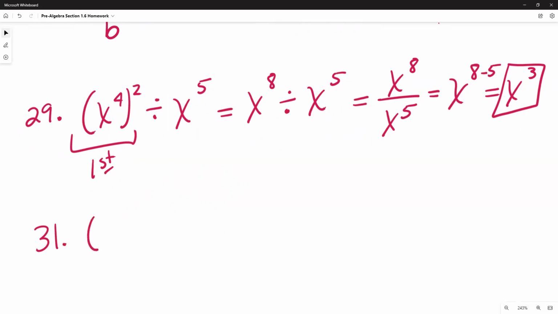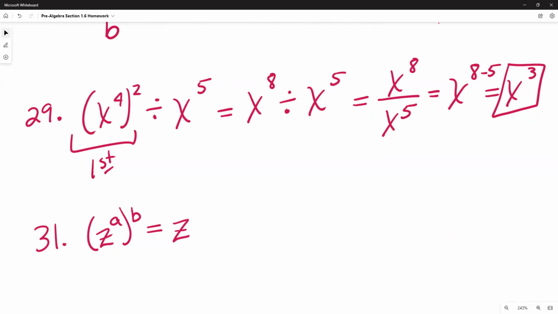All right, so z to the power of a raised to the power of b. Zachary, how do I simplify this? If those were numbers, what would you do? You multiply a and b.